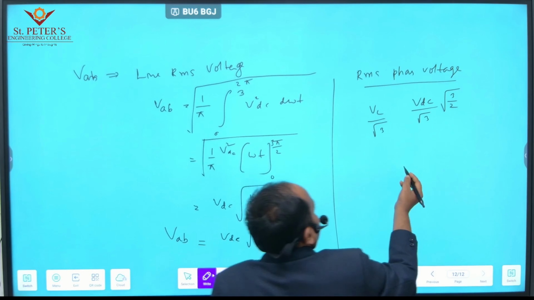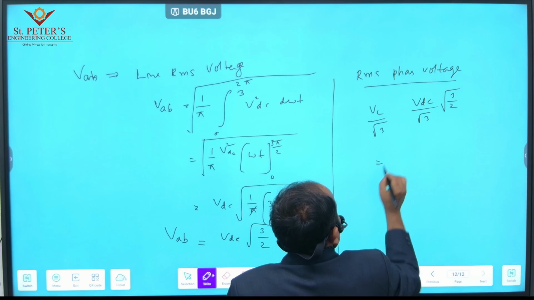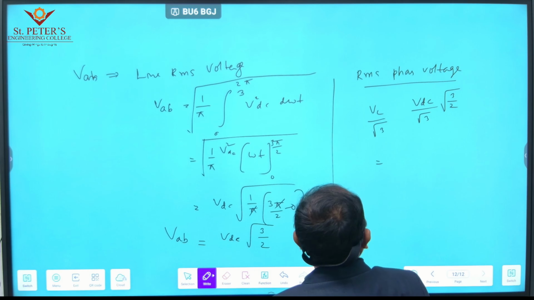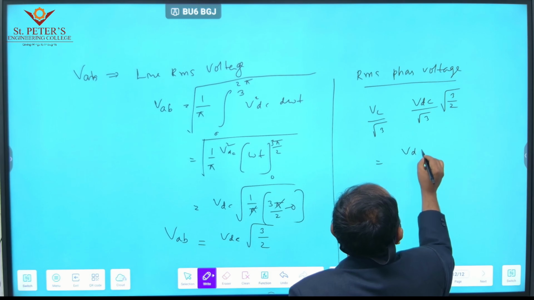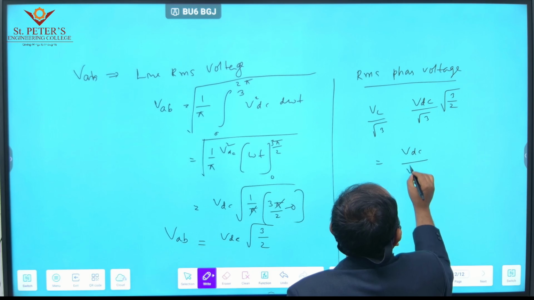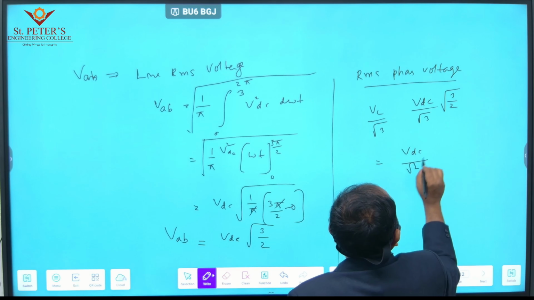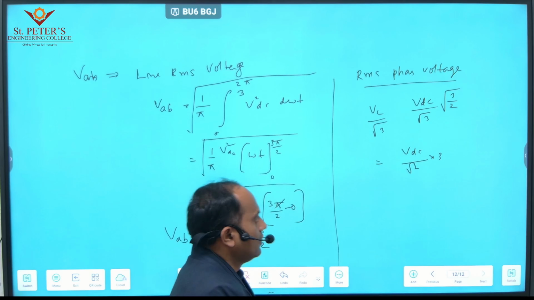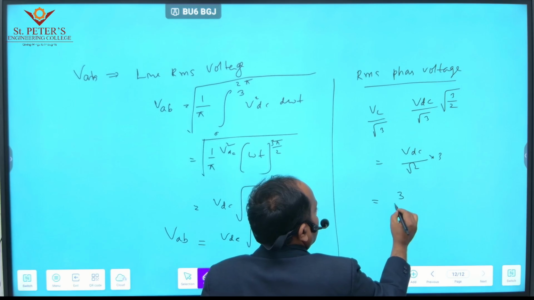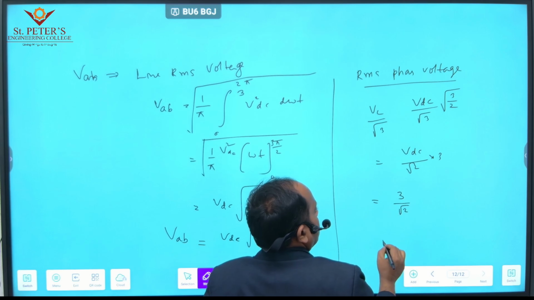Okay, then we can get VDC by root 2, into 3. So finally, VDC by root 3, sorry, VDC.